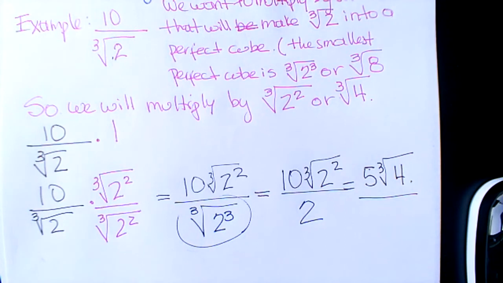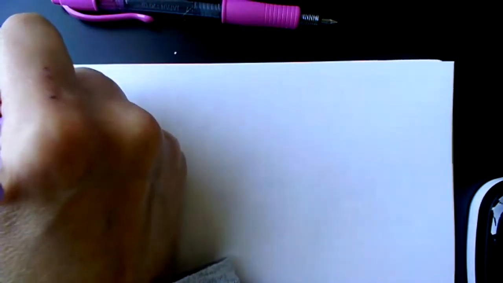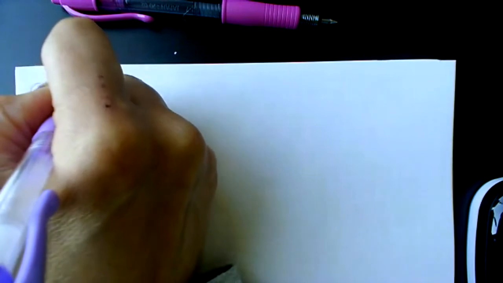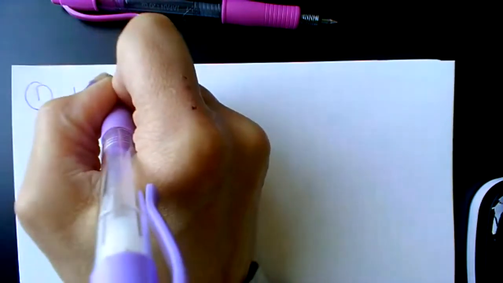So here are the exercises. Let's do them. The first one that we have here is 1 divided by the square root of 2.